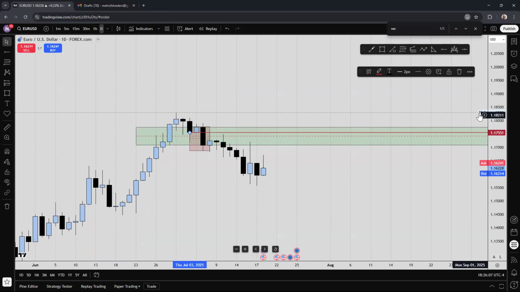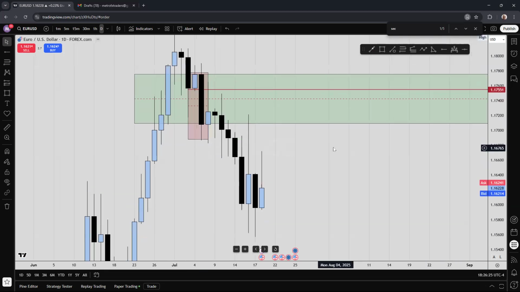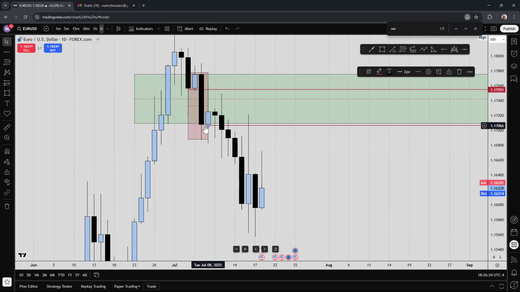Usually when it's at an all-time high for that particular day, it needs to recalibrate or reverse. Therefore, you could have got some sell trades in here. Again, you place the order at the close of the candle. In this case, it would be the close of the candle right here.